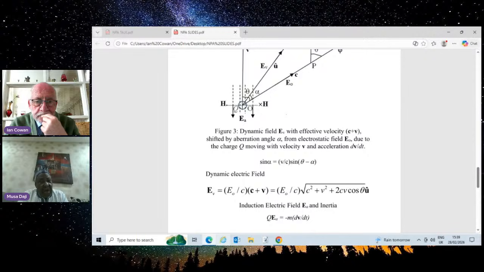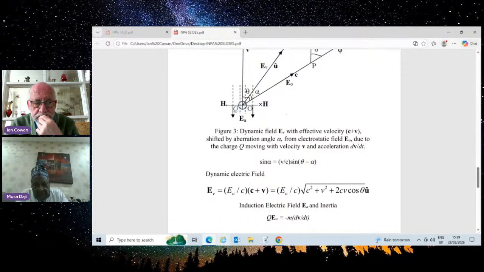And if you work out the electric field, it becomes equal to the kinetic energy with constant mass. So it is increase in the electric field which accounts for the kinetic energy of a moving charged particle, not increase in mass, but increase in the electric field.